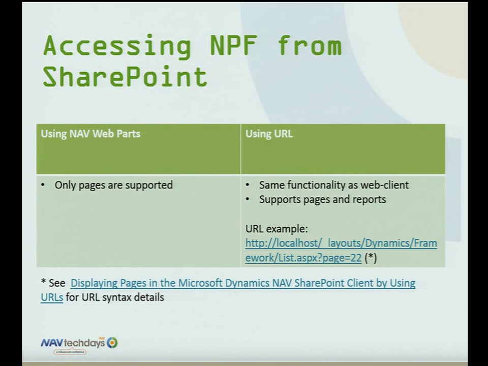In this scenario, you can add only pages in these web parts. The second option is using links to our URLs. This gives you basically the same functionality as in the web client, and with this option you have full support for pages and reports.